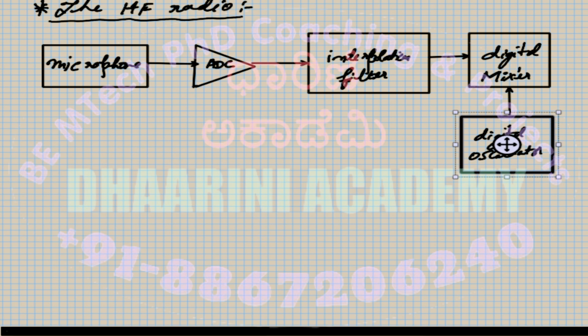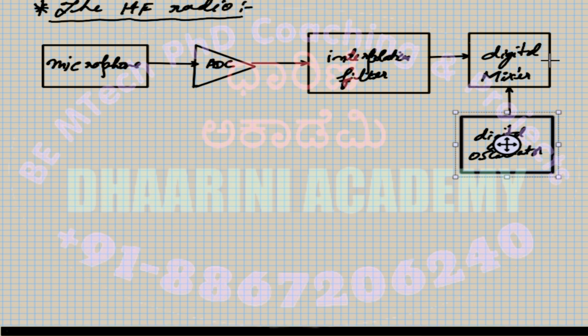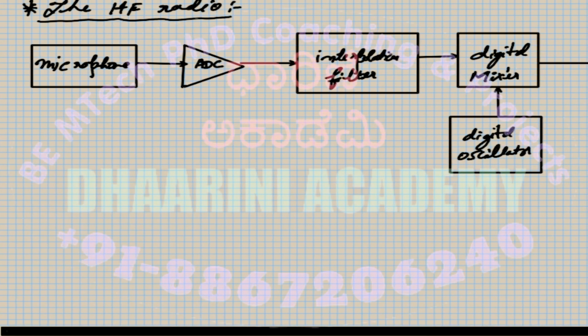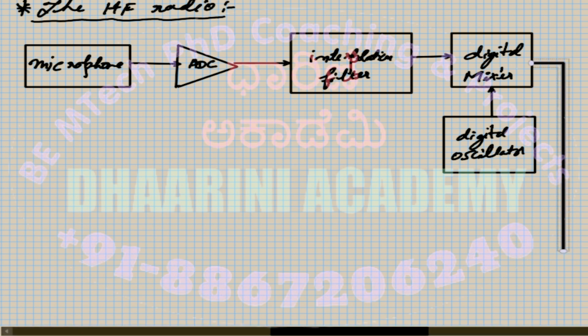Compare this with the analog receivers or transmitters. You have the intermediate frequencies coming into the picture somewhere in the middle, right? During the design of the communication components, we have intermediate frequencies coming into the picture.